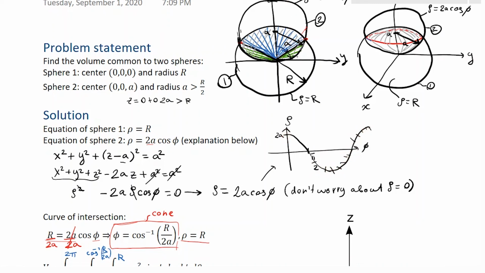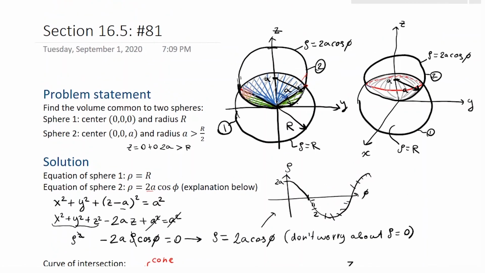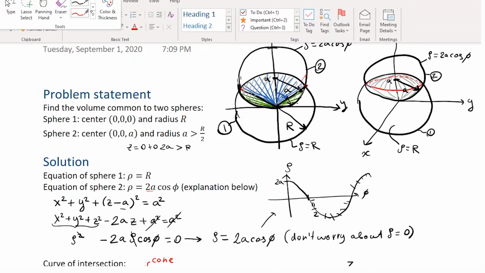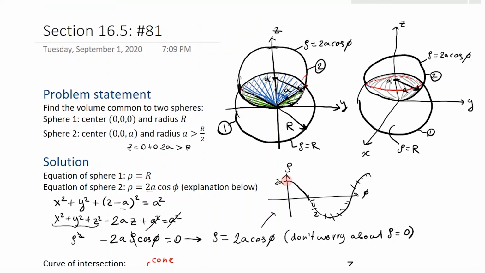So we don't actually want this whole chunk. We only want to consider this sphere as being due to this part. You see how when phi equals 0, that's when you're aligned with the z-axis, this rho, the distance from the origin, is equal to 2a.